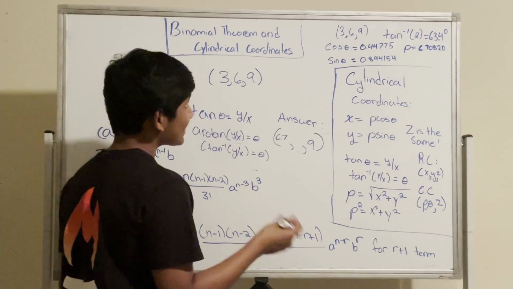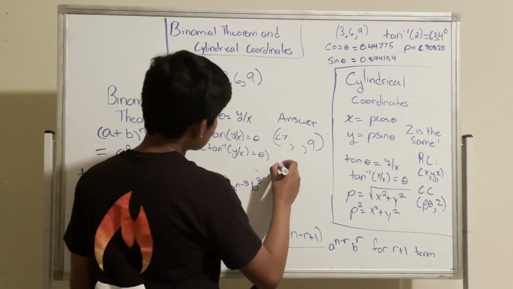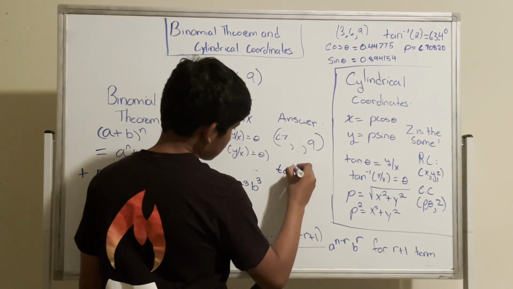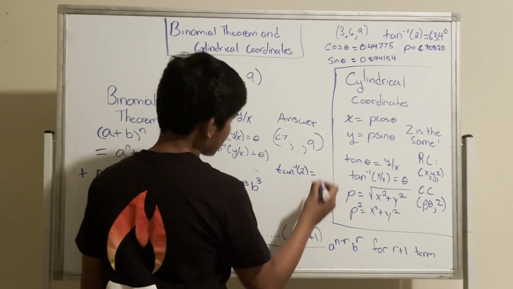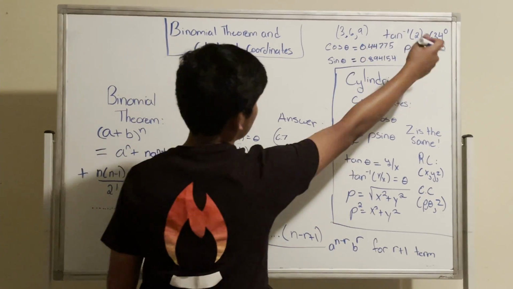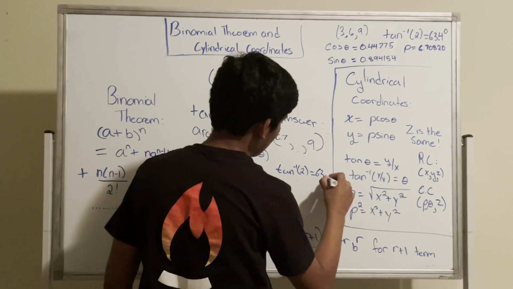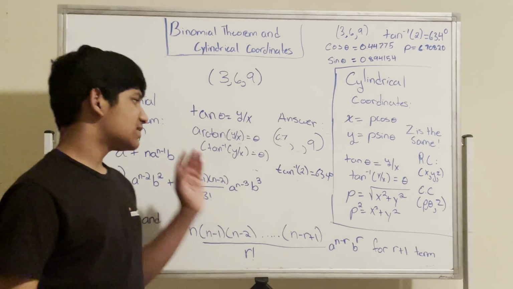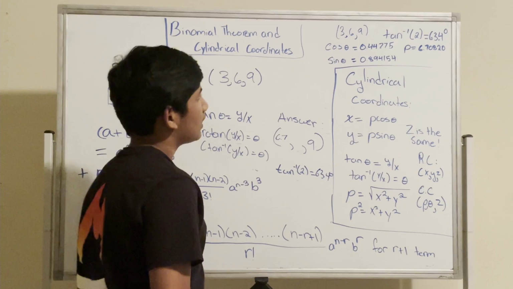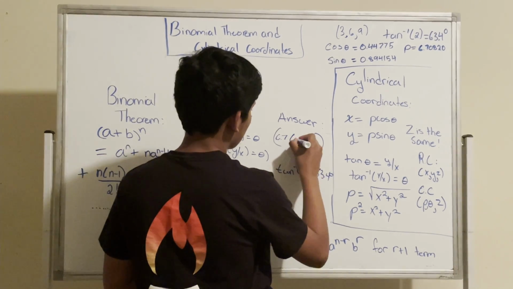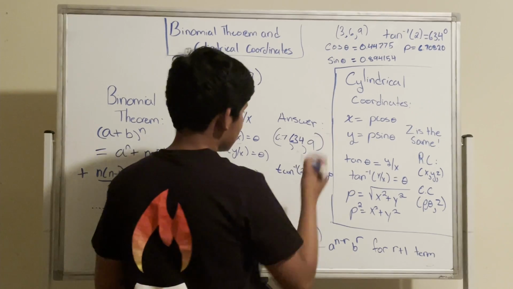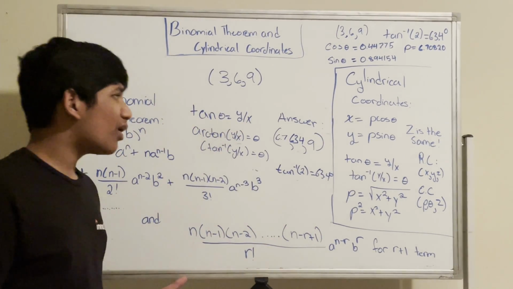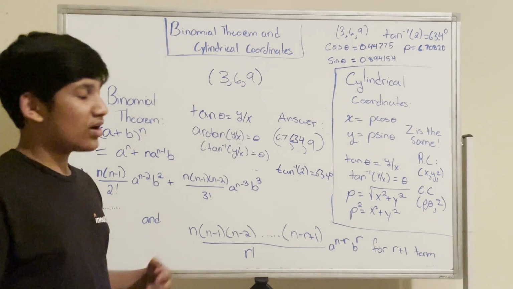So what is the arctangent of y over x? Well, y over x, 6 over 3, is just going to be 2. So the arctangent of 2 must equal to, well, over here, 63.4 degrees. This is what the arctangent is equal to. Okay, so we can write 63.4 degrees over here, and therefore, we've essentially just gotten our answer.